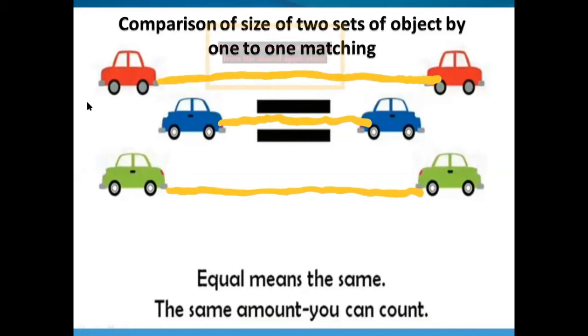The left side cars and the right side cars are the same quantity, so we can say equal quantity. Equal means the same, and the same amount you can count.